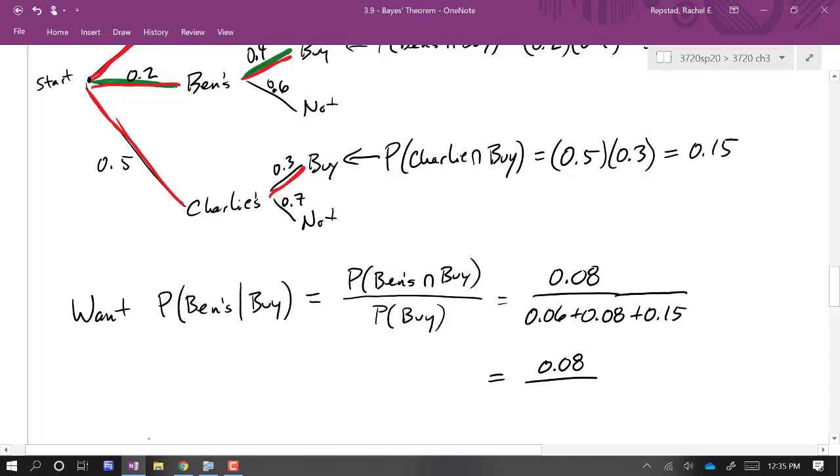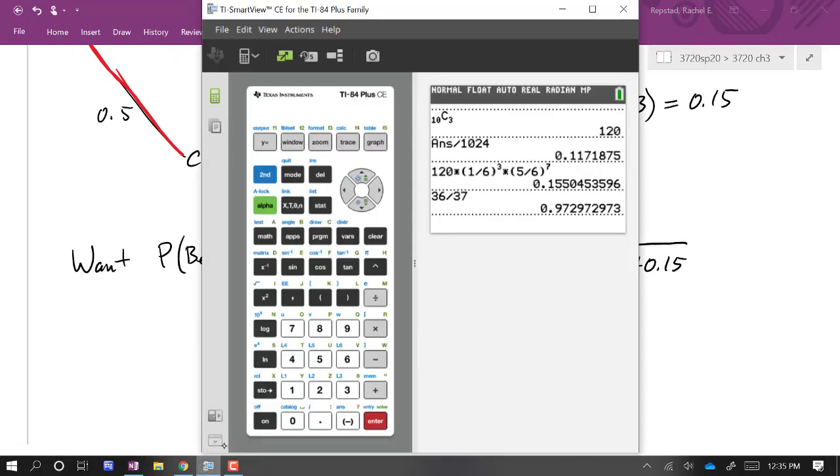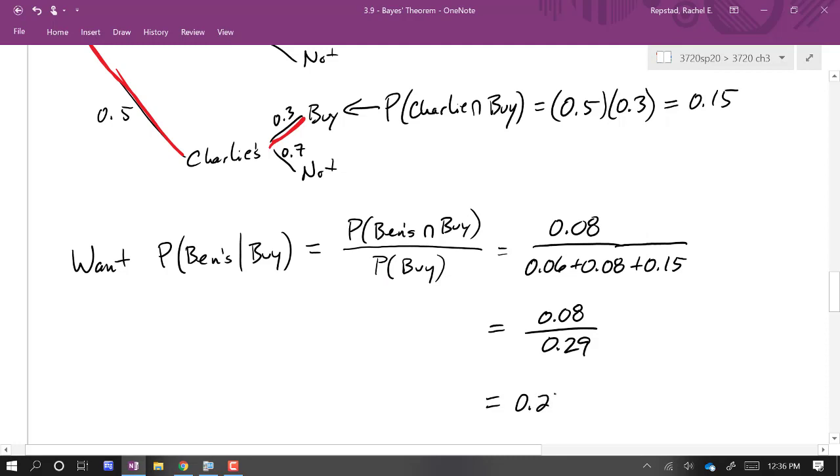If you add these up, we get 0.29 in the bottom, and doing some division, you get approximately 0.276. So if Sam bought a garage door closer, there's a 27.6% chance that he went to Ben's.